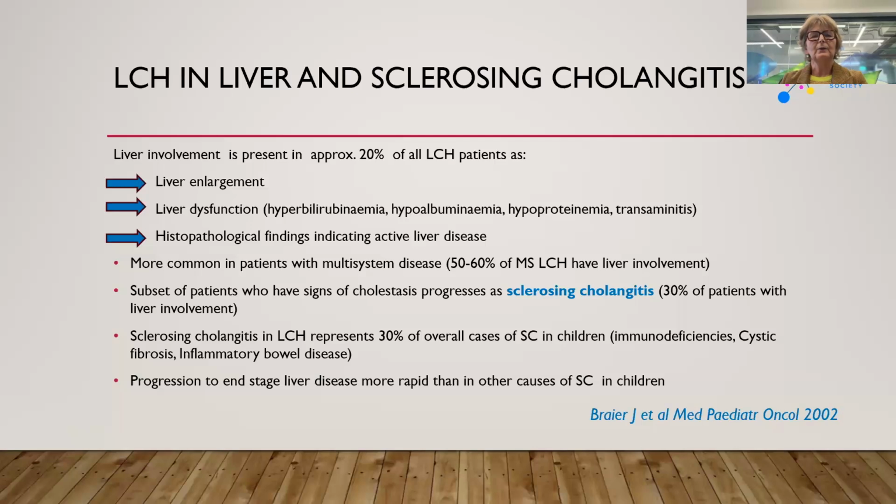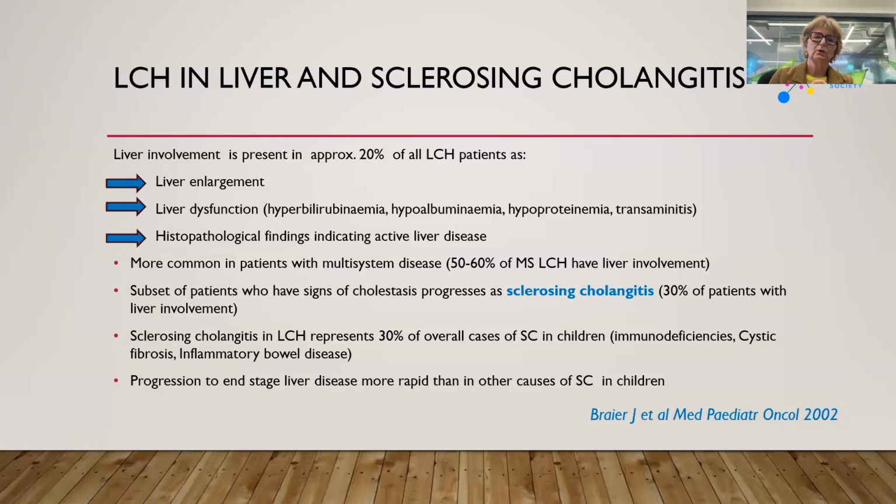Liver involvement presents as either liver enlargement or liver dysfunction with hyperbilirubinemia, hypoalbuminemia, transaminitis, and so on, or histopathological findings that indicate a liver disease. The liver involvement in LCH is more common in multi-system disease, which is not surprising. About 50 to 60% of patients with multi-system LCH have liver involvement.